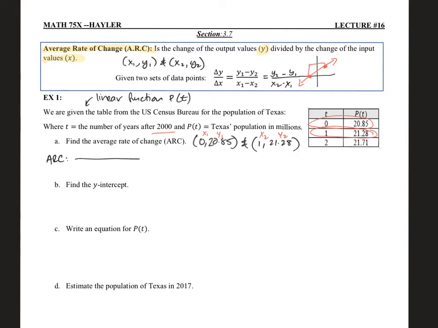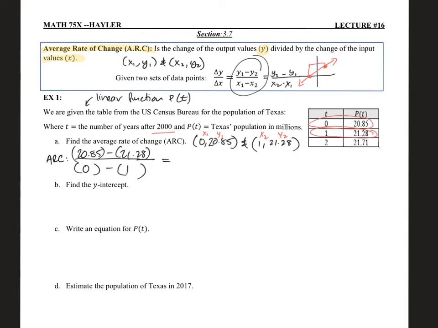Alright, so plugging this in, I'll use this formula since this is the one I gave you. So putting the sub 1s in first, I have 20.85 minus (21.28). Please notice I use the parentheses because that helps if you have a double negative. And then 0 minus 1.